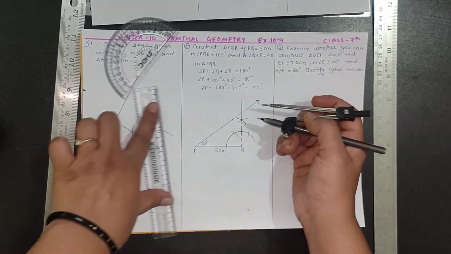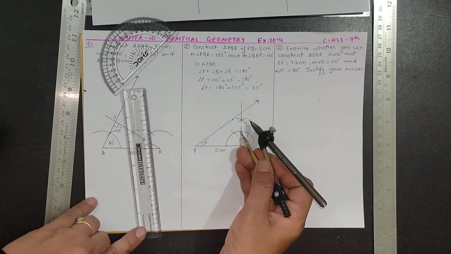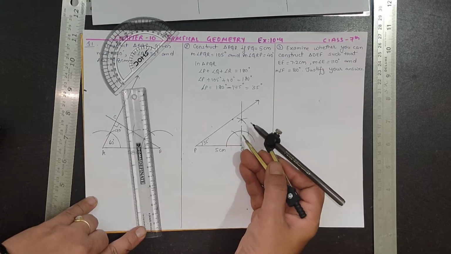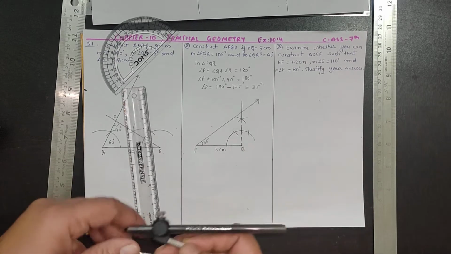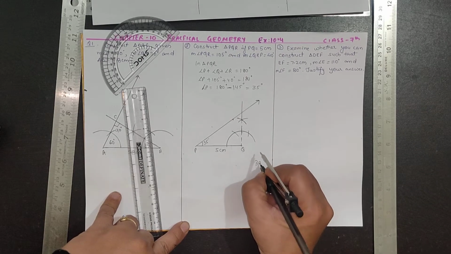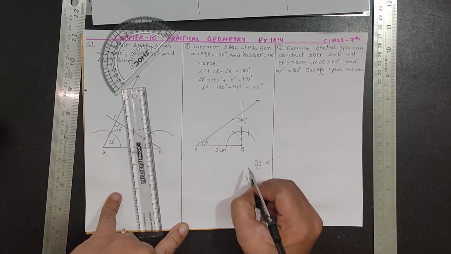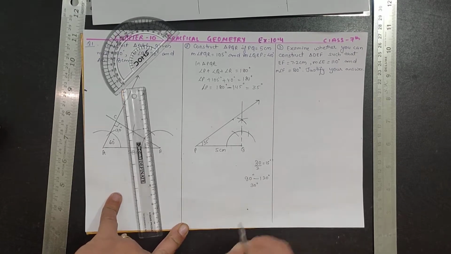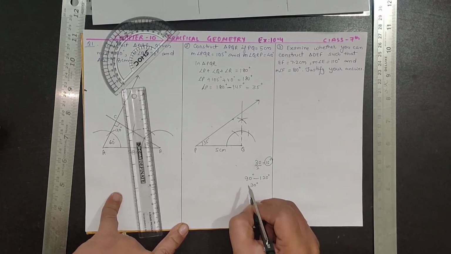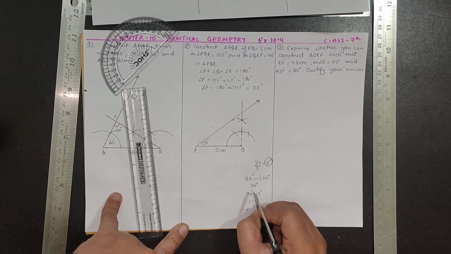It is a very important thing, to understand how to construct 105. Now this is 90 and this is 120. In between 90 and 120, there is 30 degree. Half of 30 is 15 degree, and 90 plus 15 degree is 105 degree.